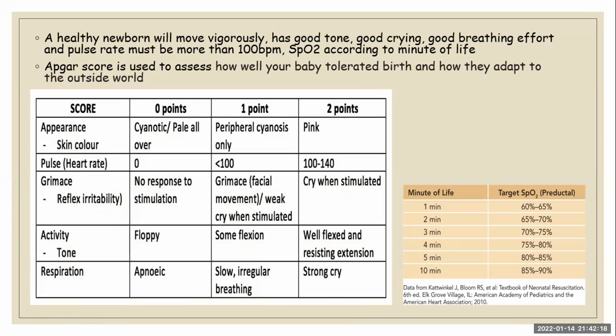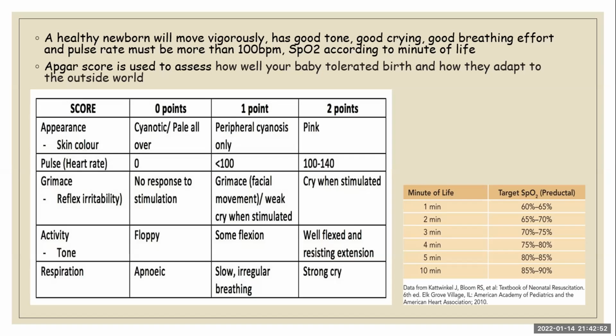For a healthy newborn baby, when he or she is being delivered, they will move vigorously, have good tone, good crying, good breathing effort, and the pulse rate must be more than 100 beats per minute, and the SpO2 should be according to the minute of life, as in the diagram at the right side.